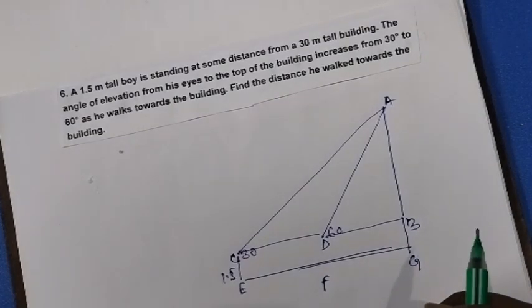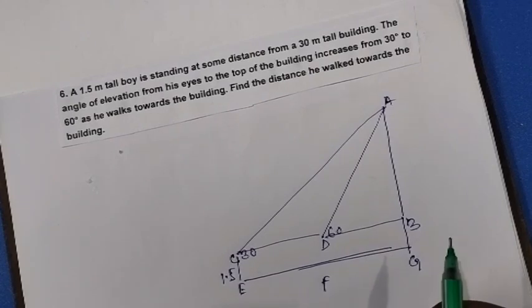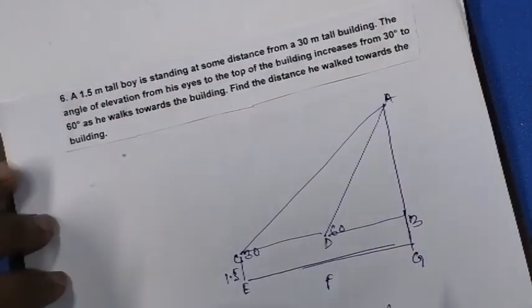And EG is the distance of the child from the building.